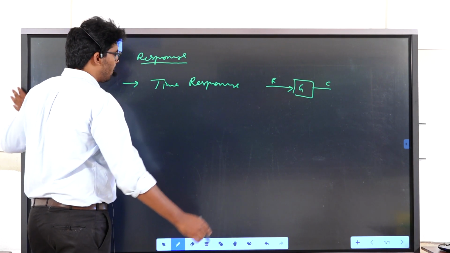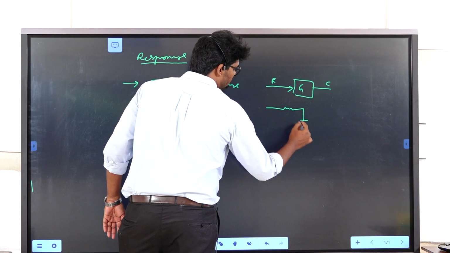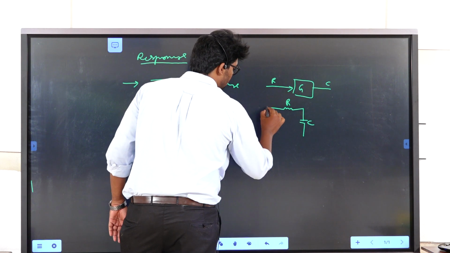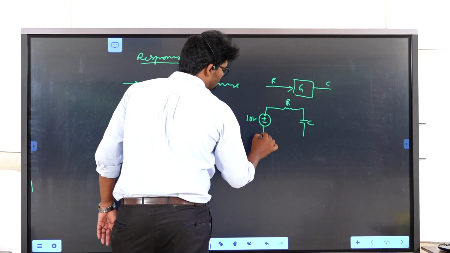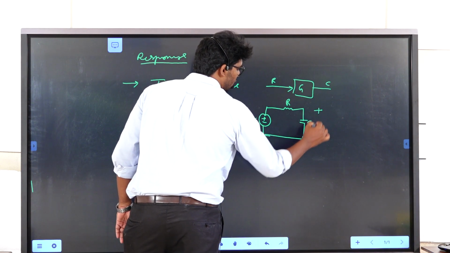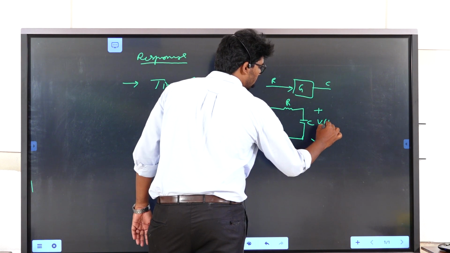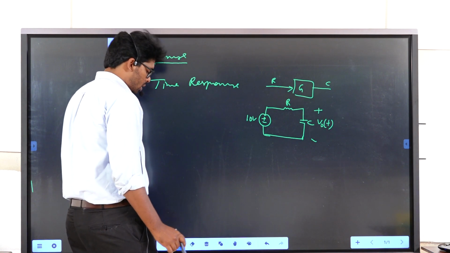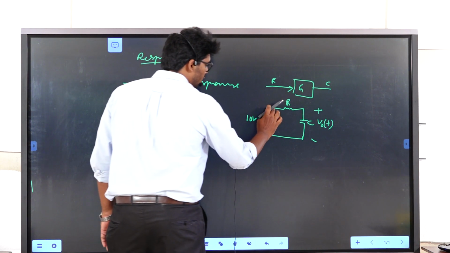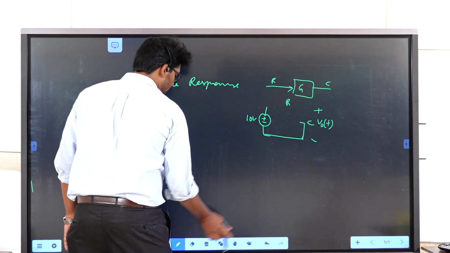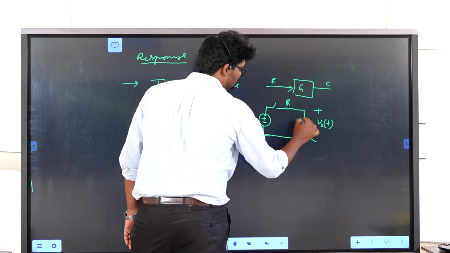For example, if I have an RC circuit, and my input is, say, 10 volts, and I want to see the response across the capacitor, that is V0 of t. And I include one switch in this circuit.